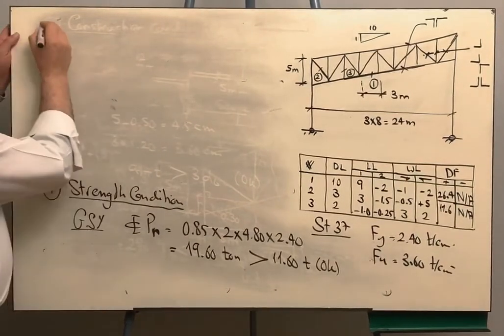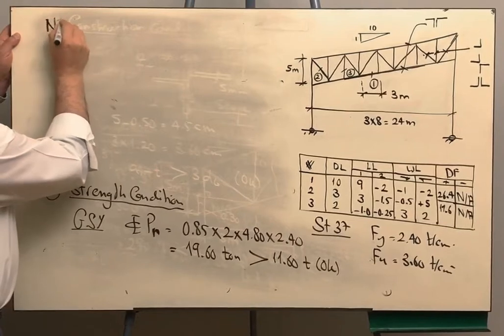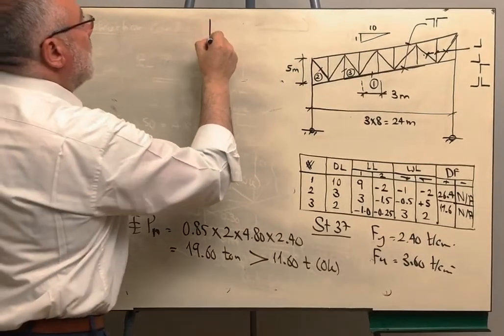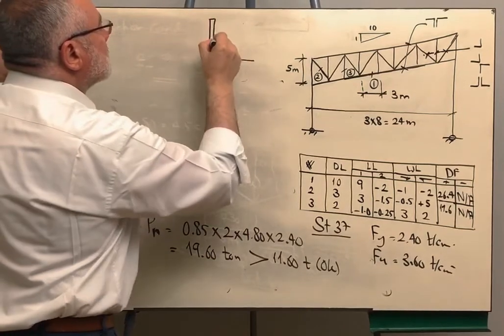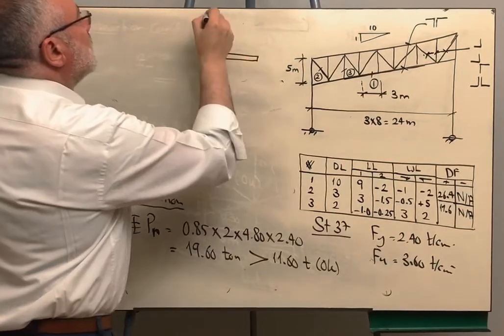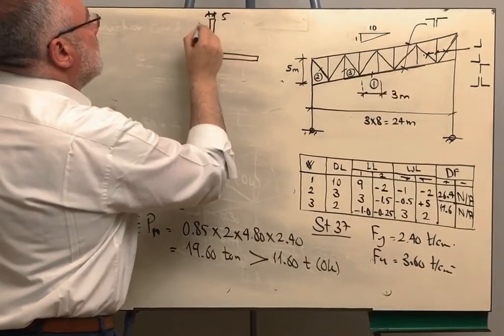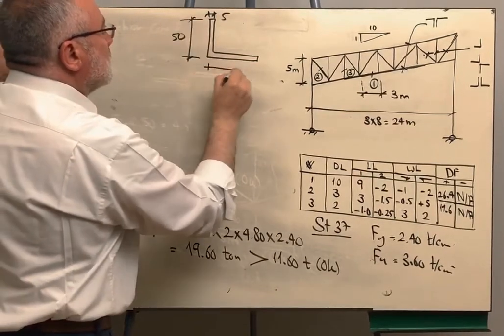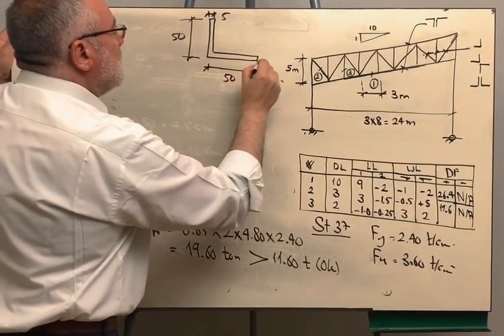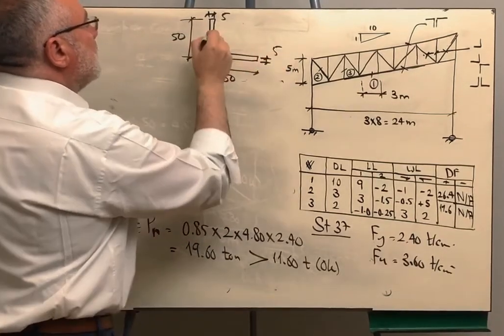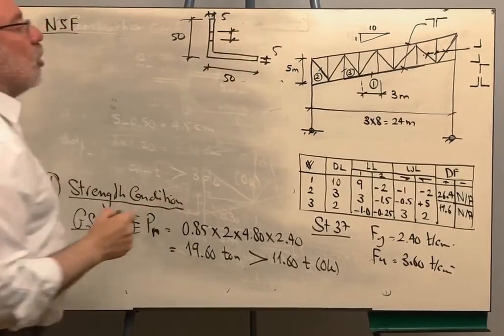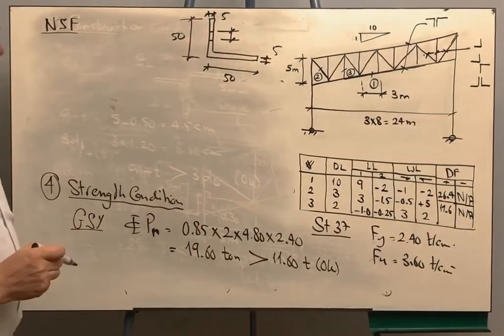For the net section fracture, remember that one angle looks like this. This is 5 millimeter, and this is 50. This is 50, and this is 5 definitely. And we are having here the bolt hole, the hole diameter now.